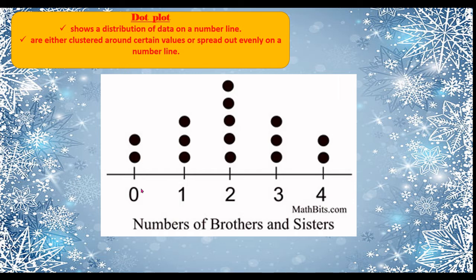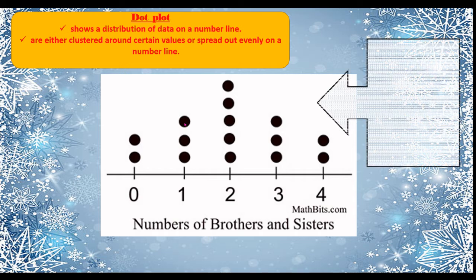For example, if I only got 2 for 0, 5 for number 2, 3 for number 3, and 2 for number 4, and for number 1 I don't have any dot, but because of my number line I still have to mark number 1 here, but there is no data. So I can see where they are clustered. Are they clustered from 2 to 3 or to 4? You can see very clearly on your dot plot.